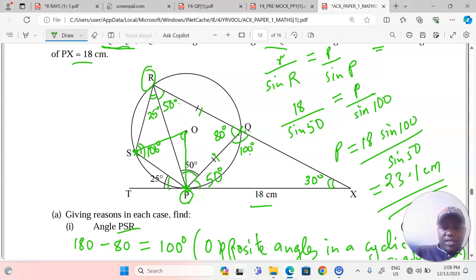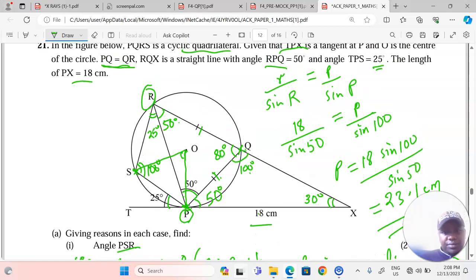Remember this is 18. We can even get the lengths at this point. This one being 23.1, when we take the outer length here, QX, we can call it x, then there is a remaining length inside.